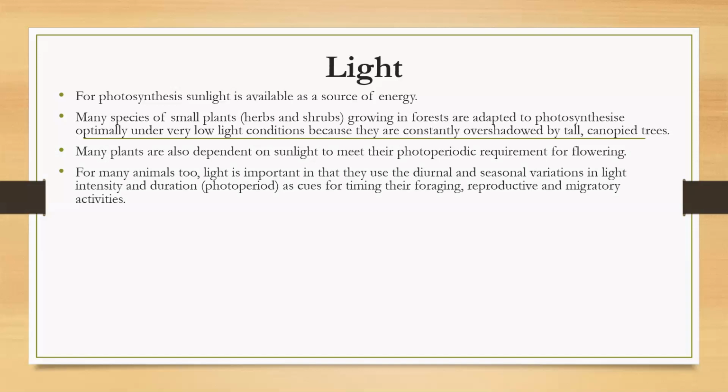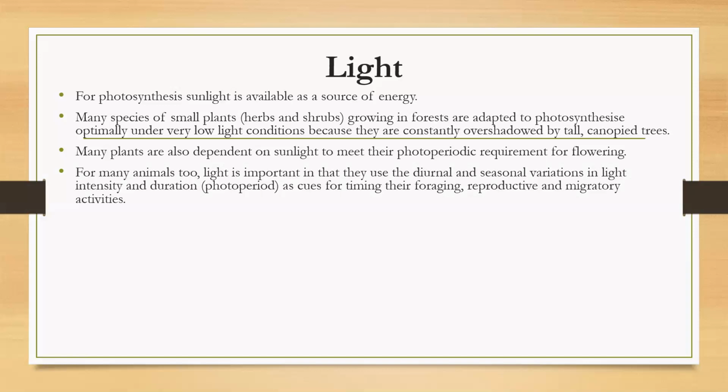For many animals too, light is important in that they use the diurnal and seasonal variations in light intensity and duration, called photoperiod, as cues for timing their foraging, reproductive and migratory activities.